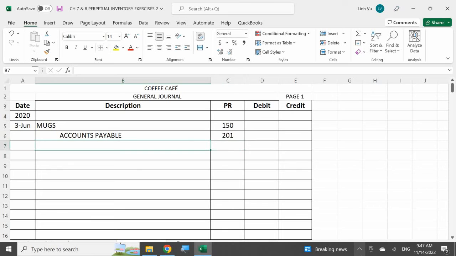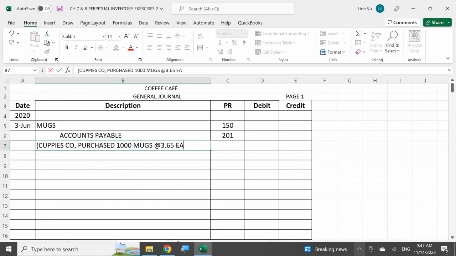Now here we purchased from Cuppies Co. So Cuppies Co. purchased 1,000 mugs at $3.65 each. Okay. With a freight of 100. Okay. On an account which we get a 5% if we pay within 15 days. If not, it is due in 30.